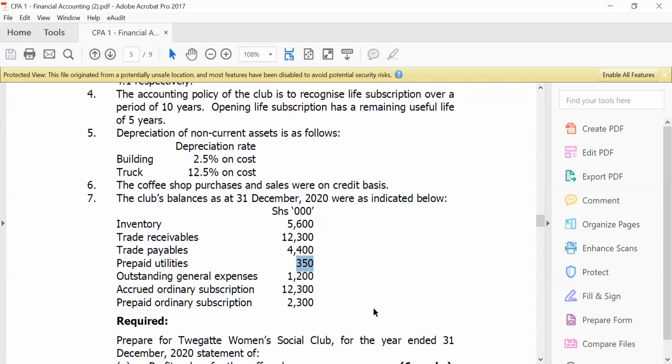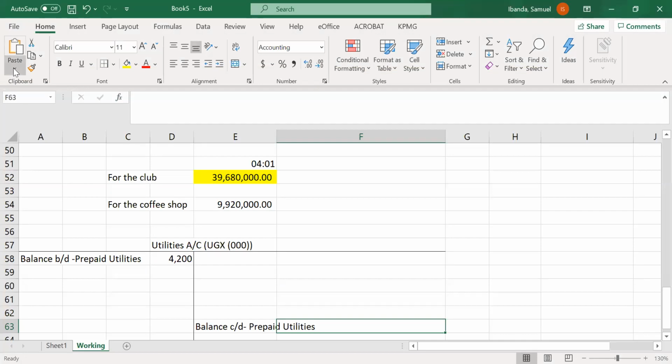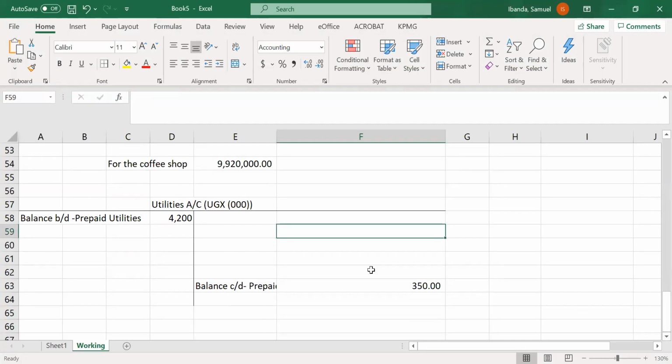So I'll come and record it here, 350. After I've recorded my 350, I'm going to ask myself, remember, here I don't have any outstanding utilities. What I had was prepaid utilities.